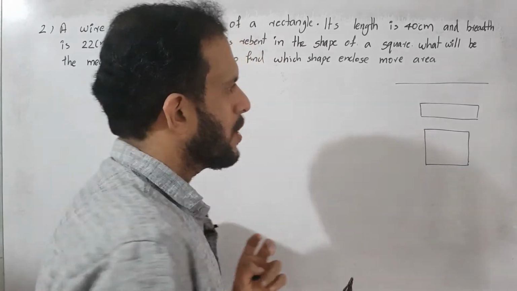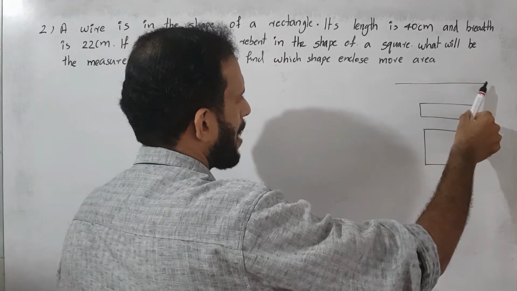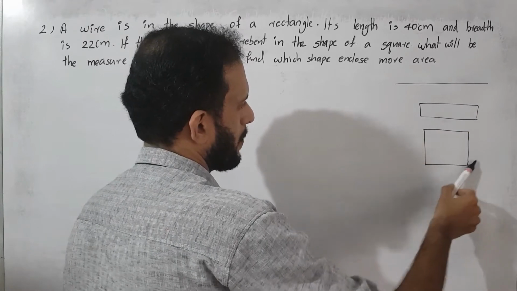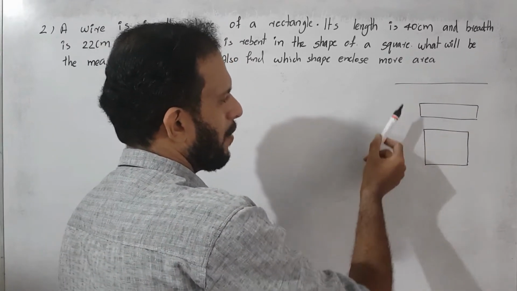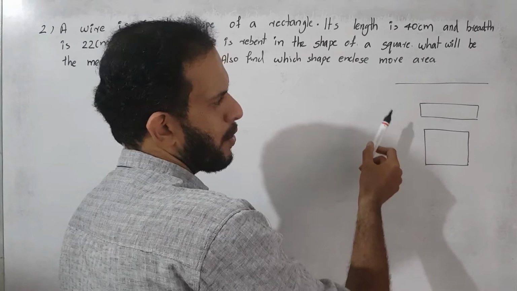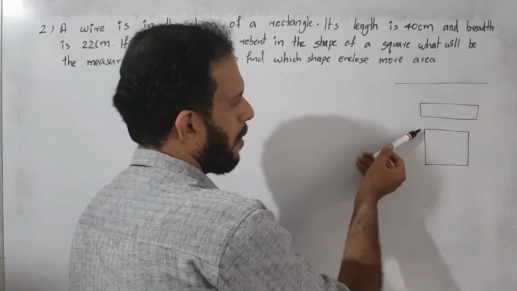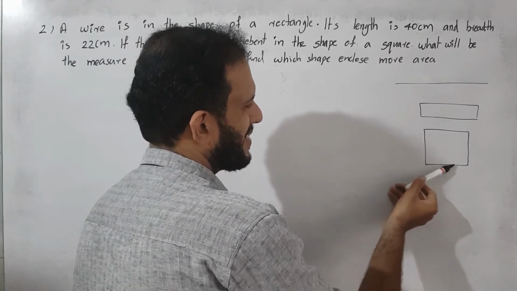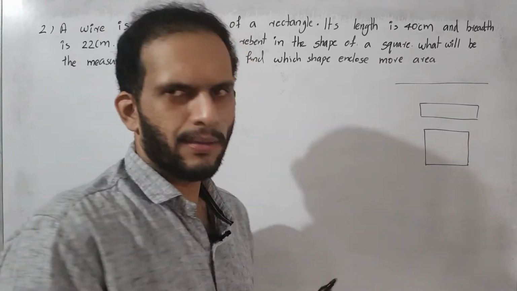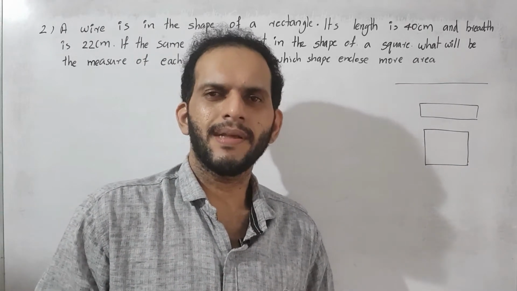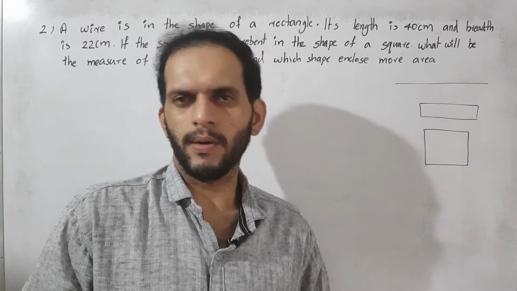And here also we use the same wire and form a square. That time also the length of the wire is equal to the sum of the measurement of each side, correct? Then what do we call it? We call it the perimeter of the square.